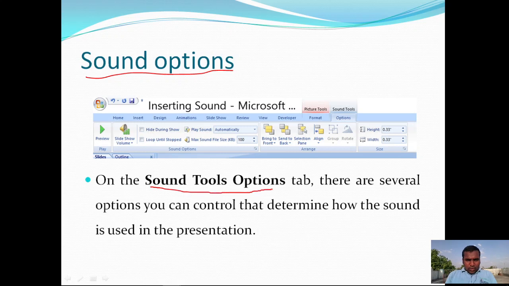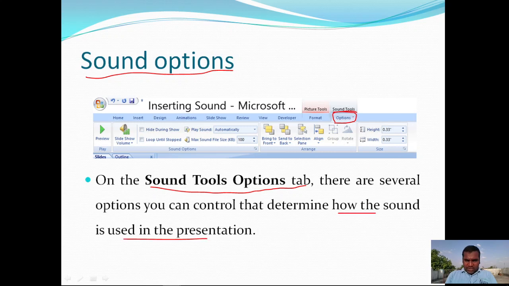On the sound tools options tab, select the sound icon, then this sound tools options tab is going to appear on the ribbon. There are several options you can control that determine how the sound is used in the presentation.